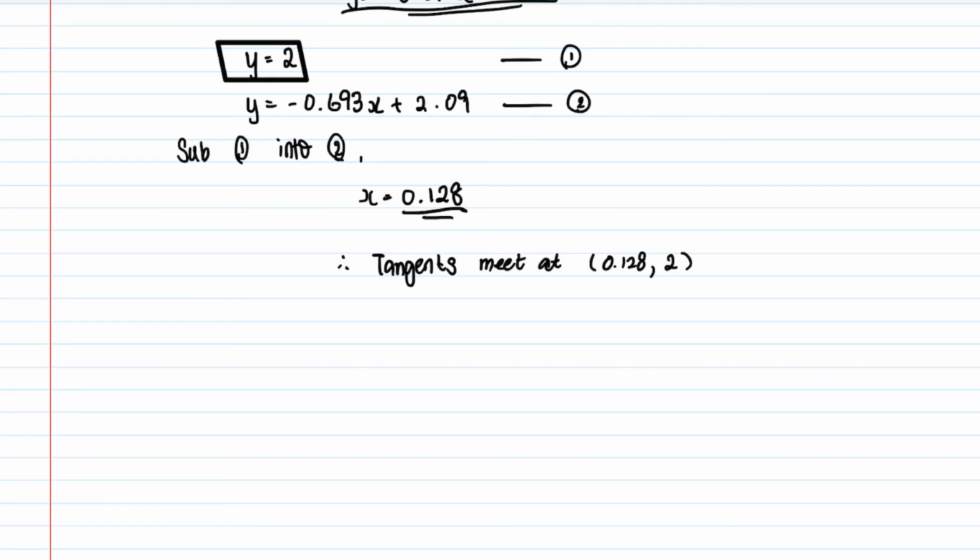So that is one thing you can just go ahead and remember, since the equation has already given you that. There's only going to be one point of intersection, and it's definitely going to be 2. Whether or not you want to sub this x equals to 0.128 back into your second equation is completely up to you to double check. But the answer that you're going to get is going to be the same, which is y equals to 2. Alright, so that's all you need to know for this question.